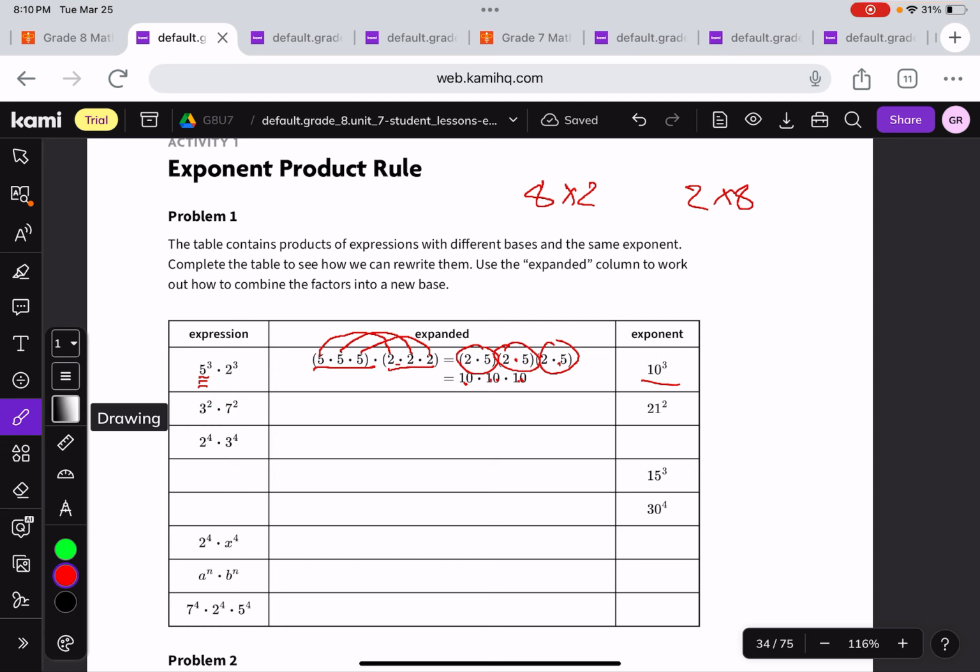The expanded form would be 3 times 3 times 7 times 7. Now I can rearrange that as 3 times 7 times 3 times 7, which is 21 times 21. And lo and behold, anything times itself would be 21 squared.